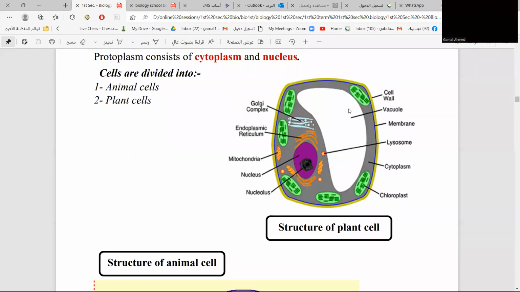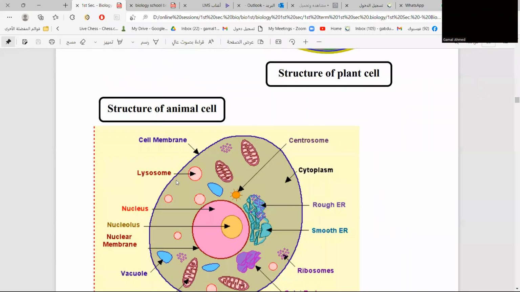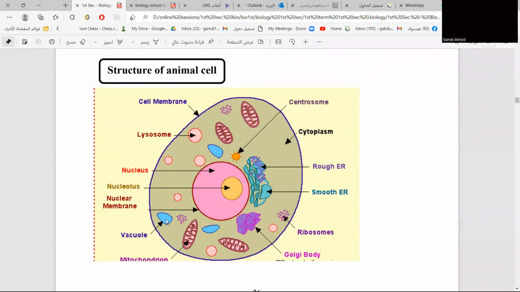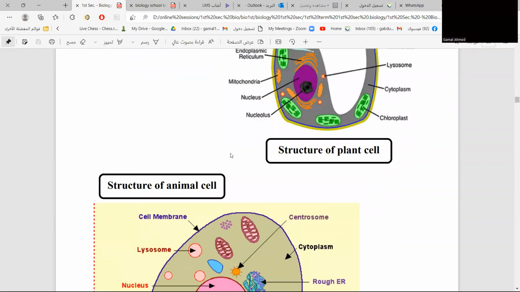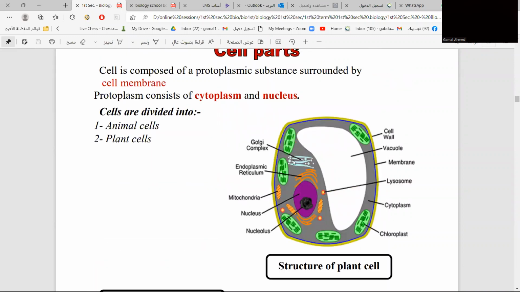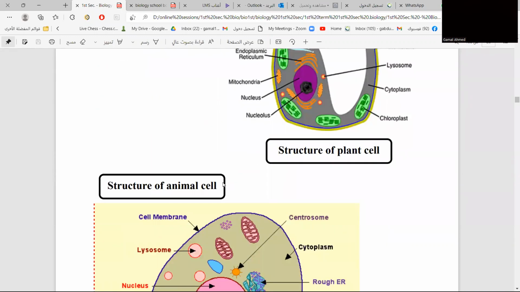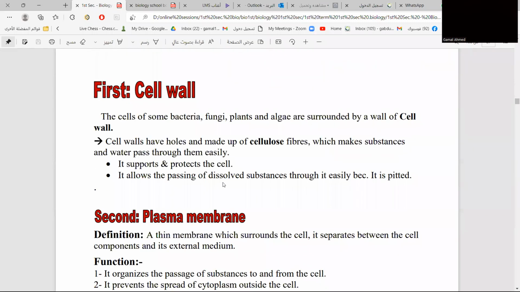Also the vacuole in the plant cell is big and large, called a sap vacuole, but the animal cell has small vacuoles, and there are many of them. Also, there is a centrosome in the animal cell, and there is no centrosome in the plant cell. These are the main differences between the animal cell and the plant cell.